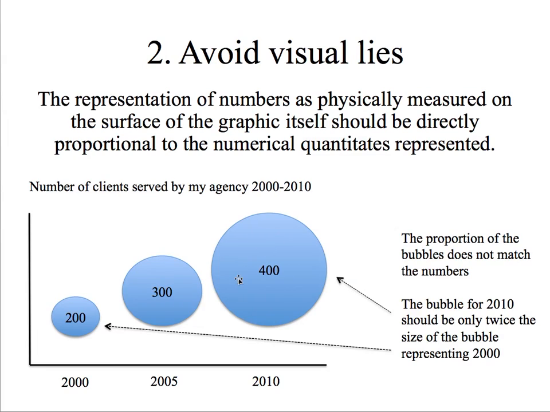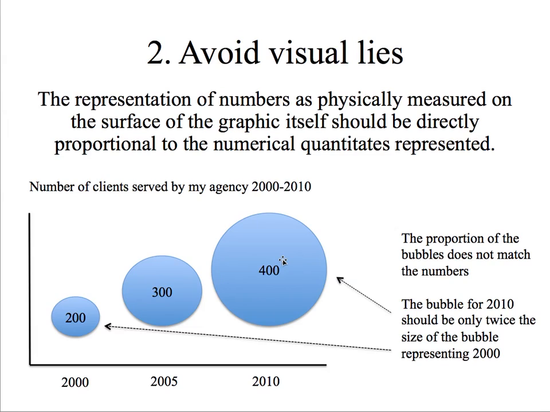The size of the bubble for 400 is out of proportion with this one. The numbers are showing a 100% increase, but this bubble is many times larger than that. This bubble should only be twice as large as this one, but it is a lot larger.